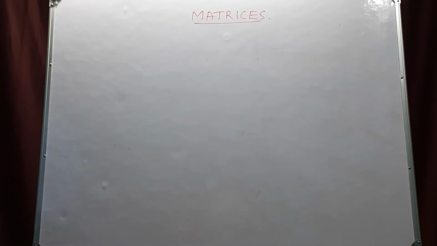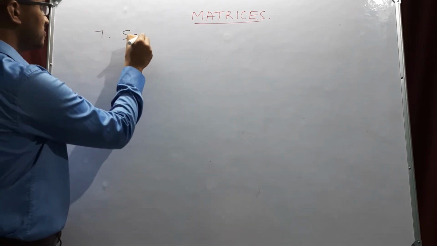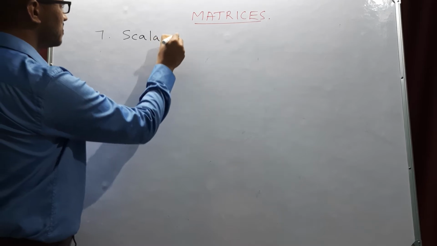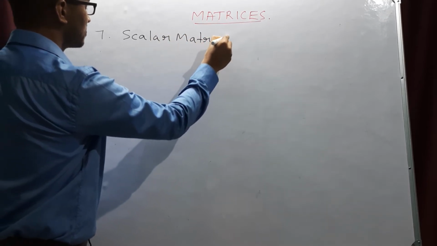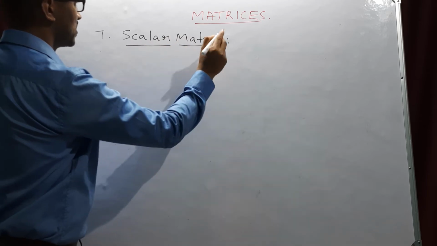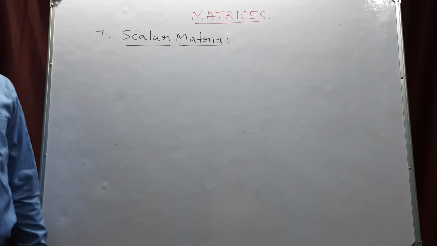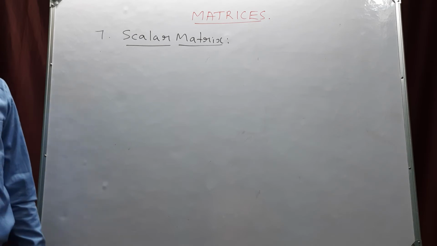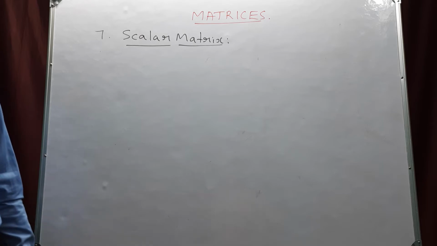So next one, scalar matrix. A diagonal matrix is said to be a scalar matrix if all the diagonal elements are equal.